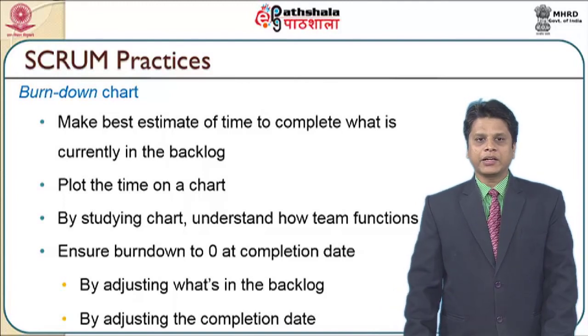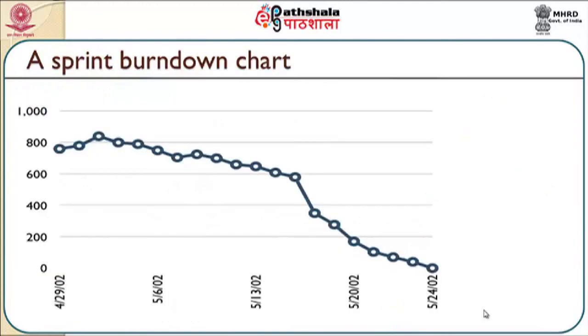In the sprint burn down chart, the x-axis shows the month I am working with and the total number of hours. For example, on 29th April I have been working for so many hours, which increased over time, and slowly all my tasks come to a 0 state.